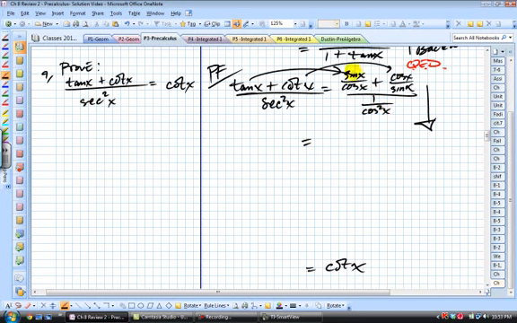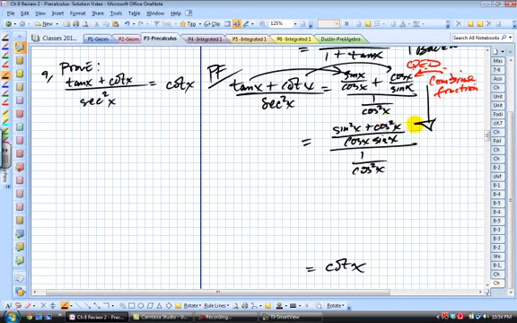As I told you guys, we need to combine fractions here. Always combine fractions in the numerator. So we do the three product rule right there. So sine squared x plus cosine squared x divided by the product of the two, sine times cosine, all divided by 1 divided by cosine squared x.